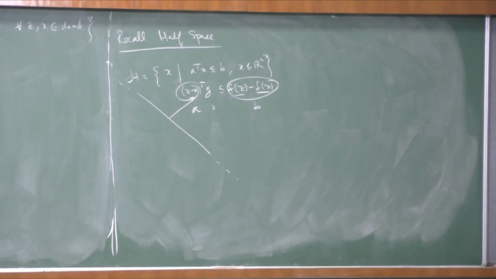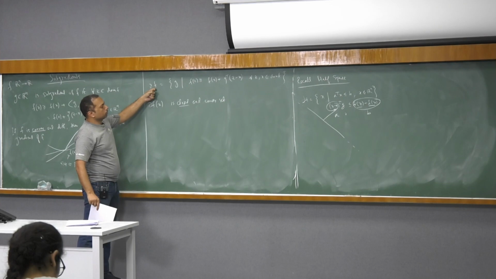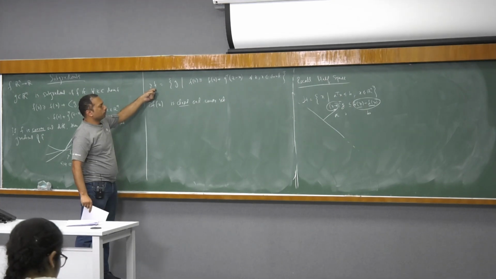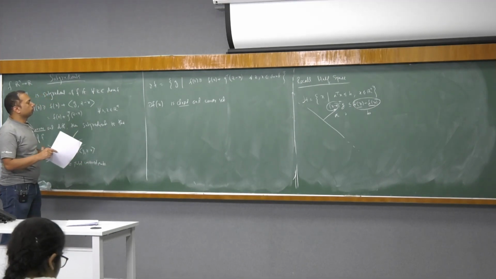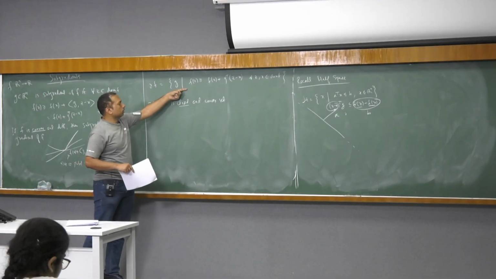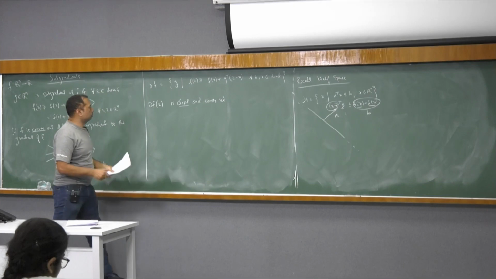Okay, so then I can intersect these half spaces, and this will essentially characterize the subdifferential. Okay, so it's a roundabout way of writing this set as an intersection of half spaces.